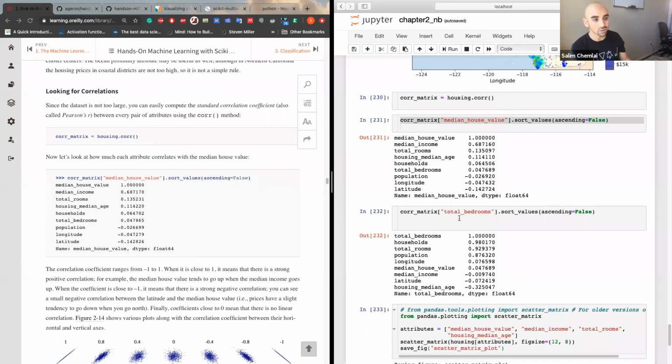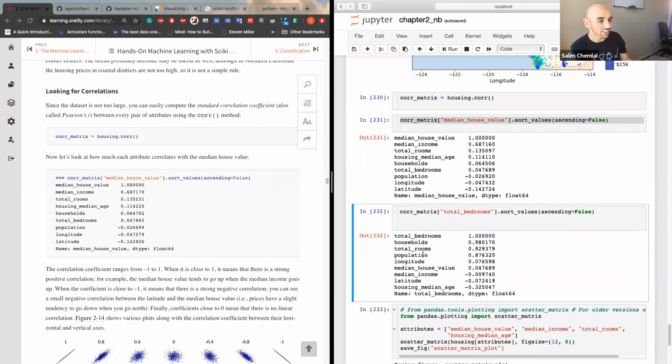But for instance, if you want to see the correlation with the total bedrooms, you can see that there is a high correlation between the bedrooms and total rooms in the house.